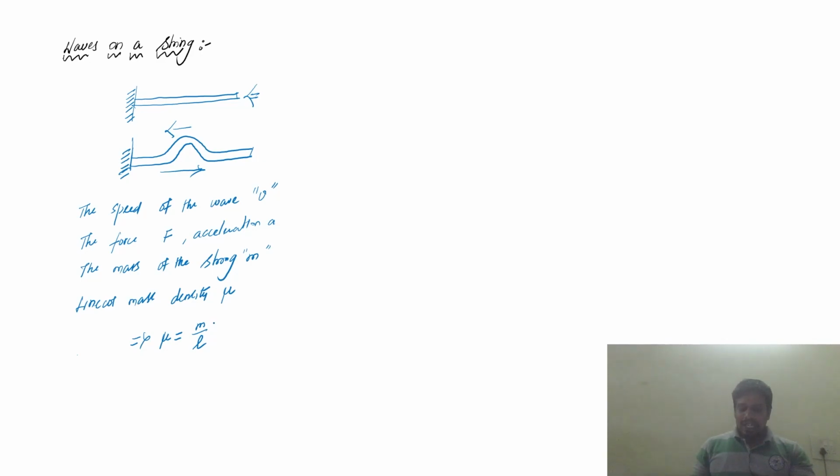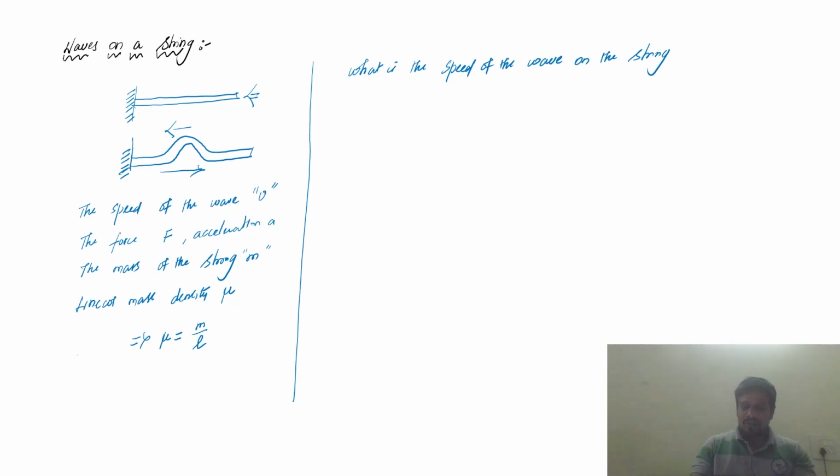Now what is our aim? Here we are going to find the speed of the wave. So we can ask one question: what is the speed of the wave on the string? That is our main motive when we are studying waves on a string.